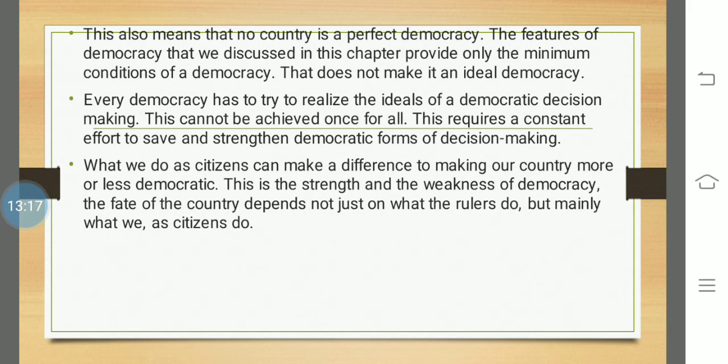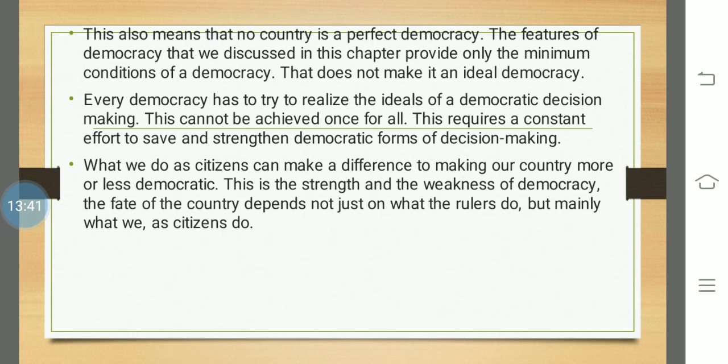We should be constantly working to save our democracy, to strengthen it, and to broaden the democratic setup. Because once we have set it up and for the next 10 to 15 years we are not doing anything, no maintenance, nothing, what will happen? It will collapse, or it will lead to more corruption in the future.